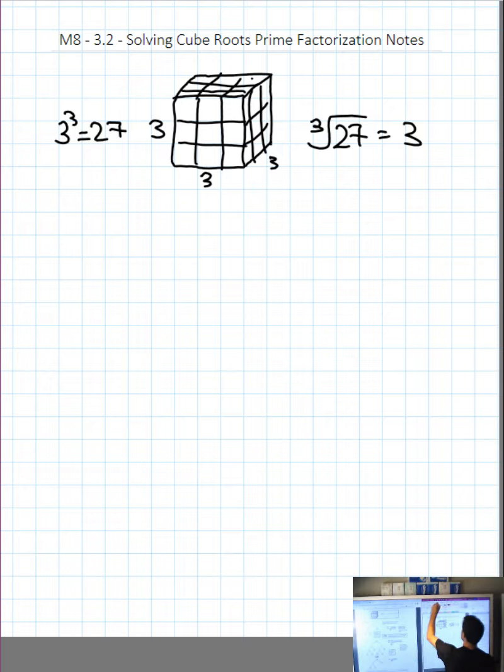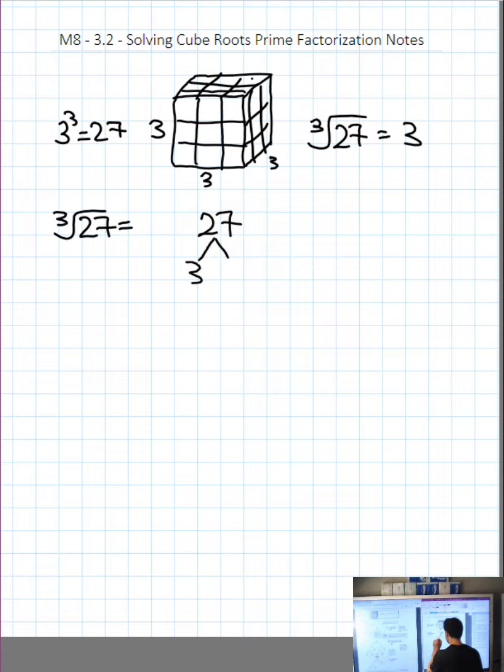So let's take a look at the cube root of 27 using prime factorization. So the cube root of 27 equals. So we'll take 27 and we'll do prime factorization, 3 times 9, and 9, 3 times 3.